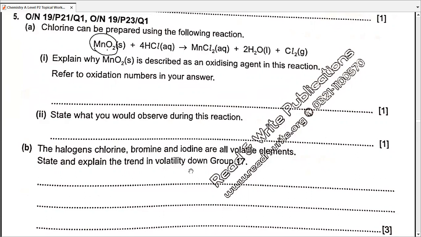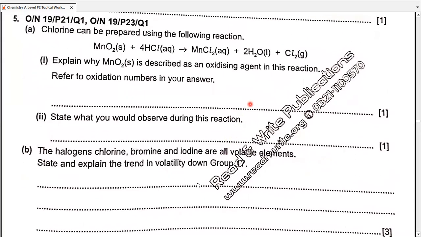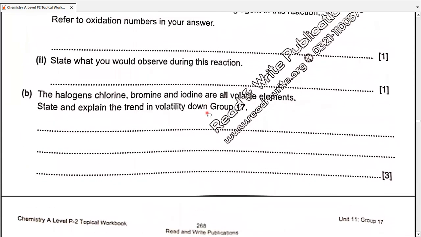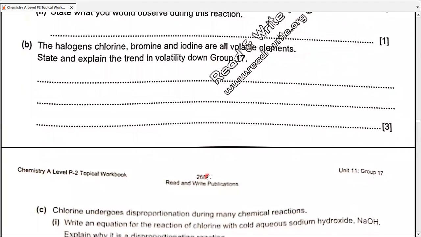So yeah, the black solid disappears. That is one of the many observations. Since it's producing gas, you can go with fizzing, effervescence, the color of the gas. There are many things that you can answer in this question. The solid disappears is one of them. All right. Volatility trend, part B.